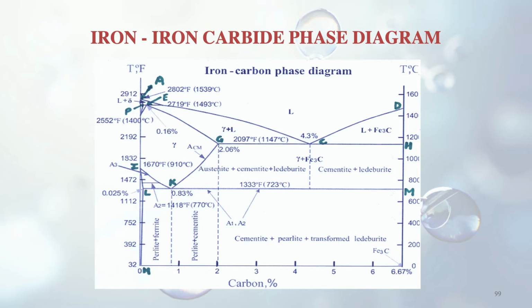Further cooling will move it along the line GK. GK is the line from 2.06% carbon to 0.83% carbon. So here also there are two different phases, the pure gamma austenite and the austenite plus cementite plus ledeburite. Finally we reach the point K, and a similar thing will happen where the austenite will again come down to two phases, ferrite and cementite, or better known as pearlite. So this is the process.